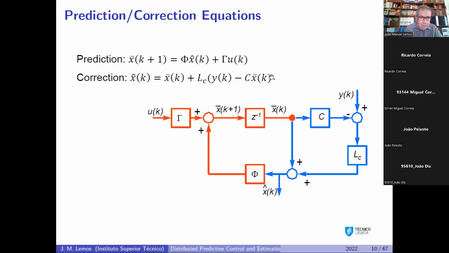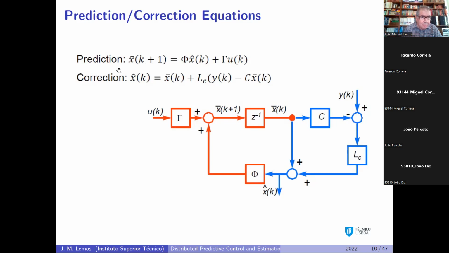Now, that's the algebra. But what is really nice is that we can give an interpretation here. If you are at time k and you have a previous prediction, then you just replicate your model. And you have a filter. It's correct to say it's a filter, but I won't use the word. So if you have a current estimate, then you just use your model to make a prediction of what the state will be.